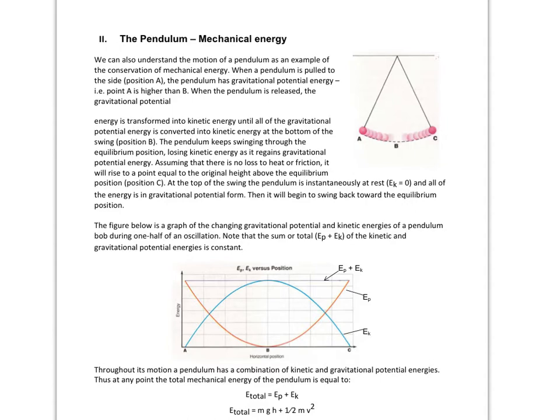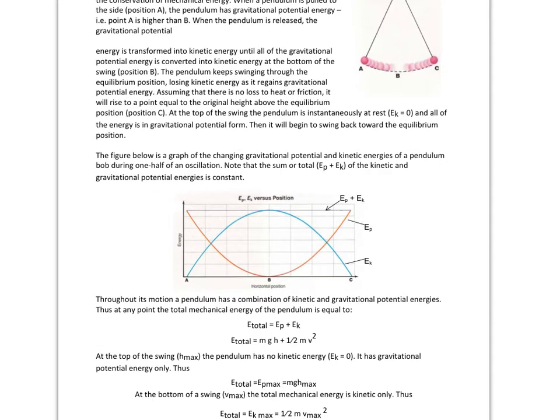So they've plotted it in this handy little graph. So position A, B, and C are noted here. At position A, we have our maximum amount of gravitational potential energy. As we move towards position B, we lose gravitational potential energy to 0.